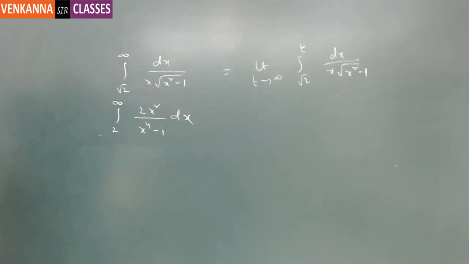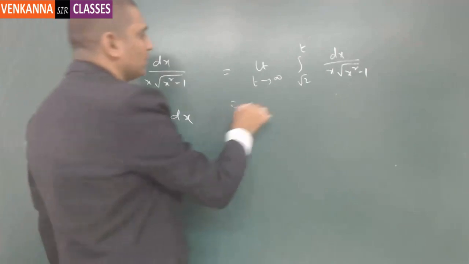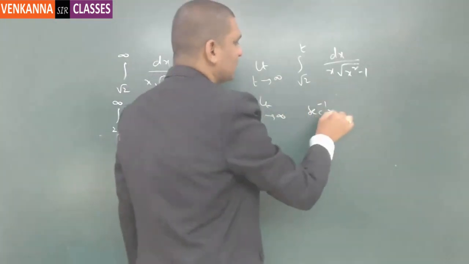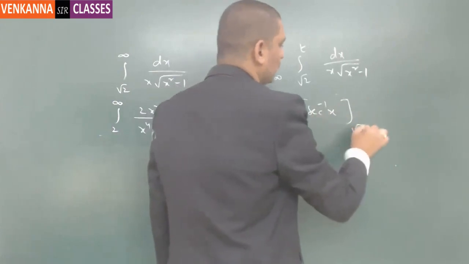Can you recollect any formula for that? I think it will be secant inverse x. If you have remembered the formula, I hope so. So this is equal to limit t tends to infinity secant inverse x between root 2 to t.